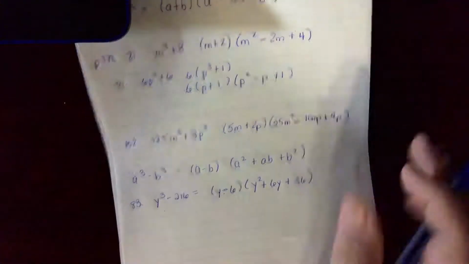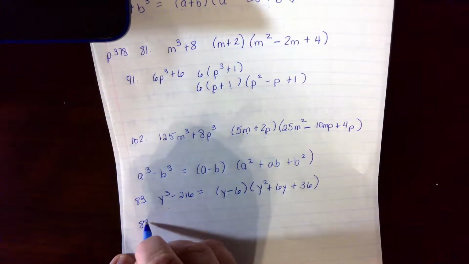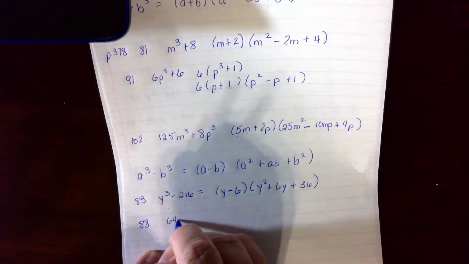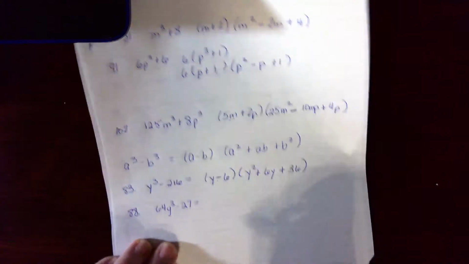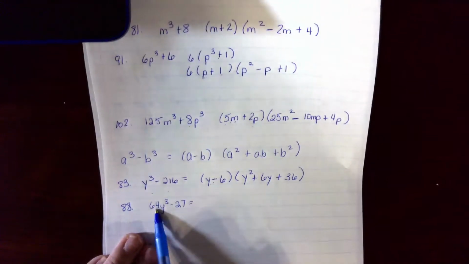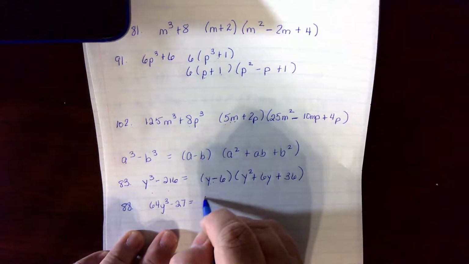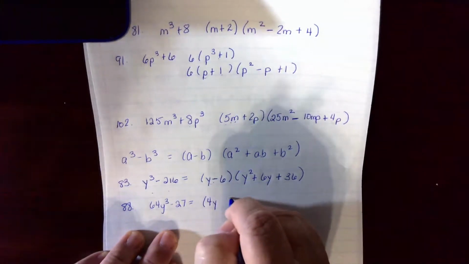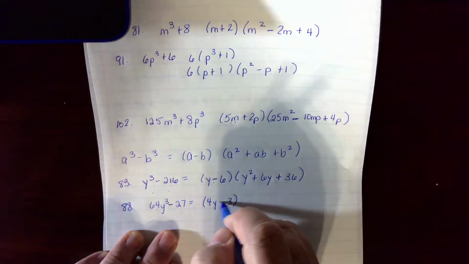All right, let's do number 88. These are perfect cubes. That's 4 cubed, and that's 3 cubed. So I do the 2 cube roots, 4y and 3. If this is minus, this is minus.